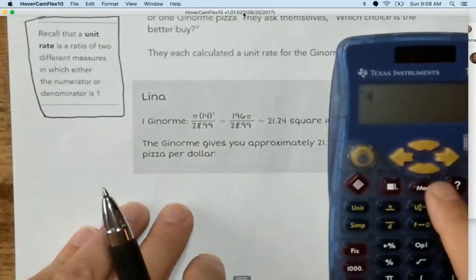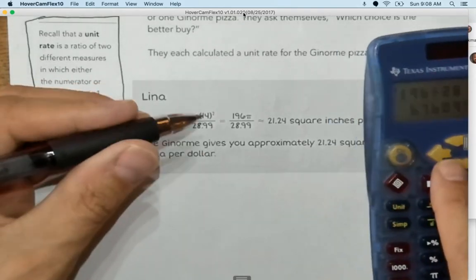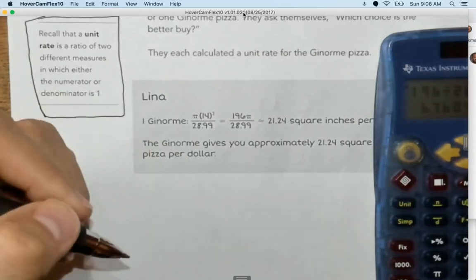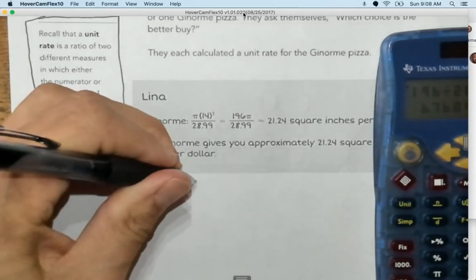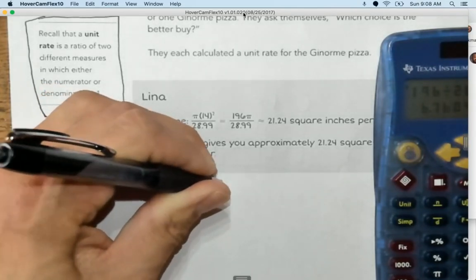All right. If I took 196 and I divided it by 28.99, I don't get that same thing, because here's the thing that they didn't show for Lena or for Michael. All right. So I needed to take 196 times the 3.14 to get the whole thing.